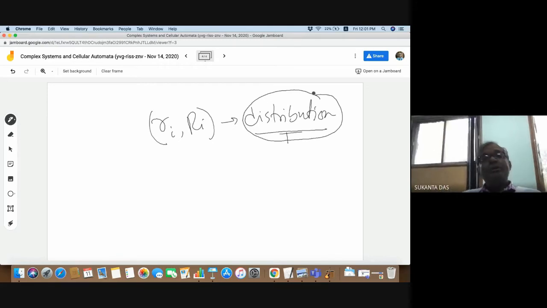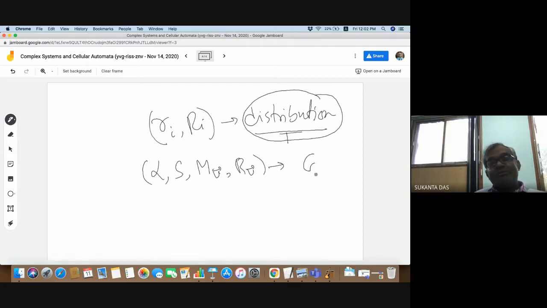So now, although it is obvious, still I'm saying that in this case also, for a CA, if even this kind of CA is given, suppose L, S, M, I, and so on, a non-uniform CA is given, corresponding to this you can get a global transition function G. Like before, you'll have the configuration.